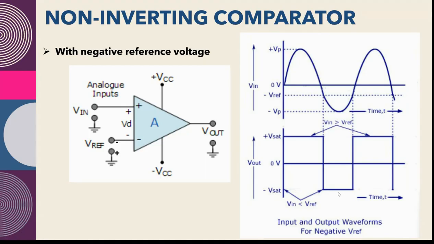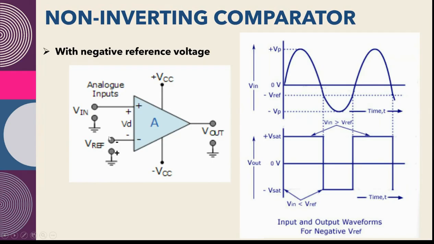How do we classify it as an inverting comparator and a non-inverting comparator? Inverting comparator means giving the input signal which we have to compare at the inverting input.